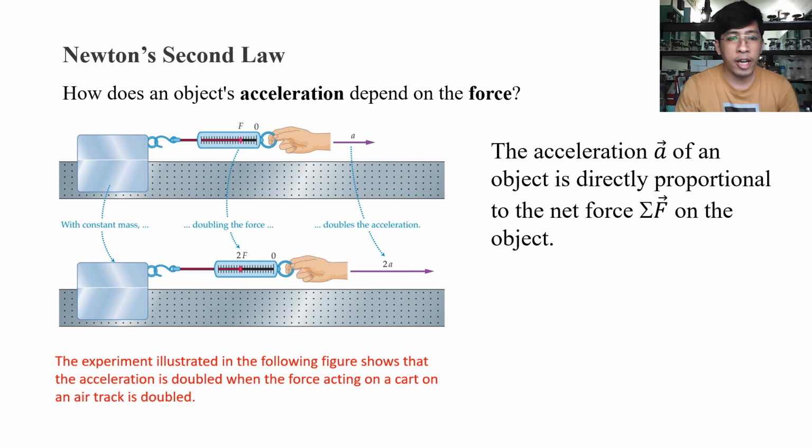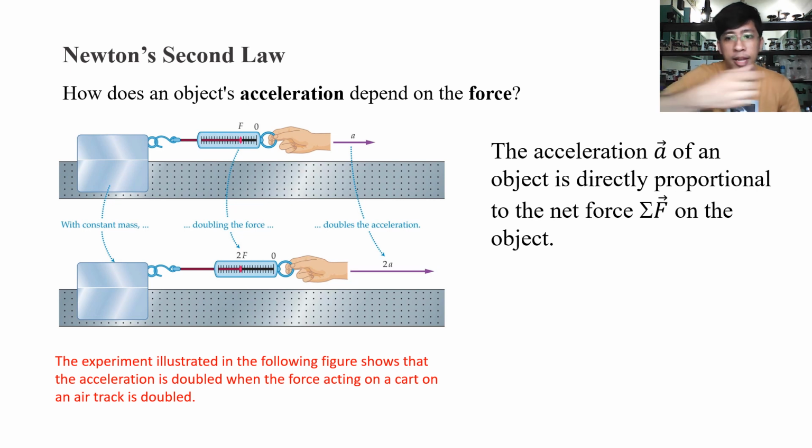So you have here a spring balance to measure the force that you're applying. You have some mass on your air track, and if you apply just a small force on your mass, you observe that it will just move slowly.